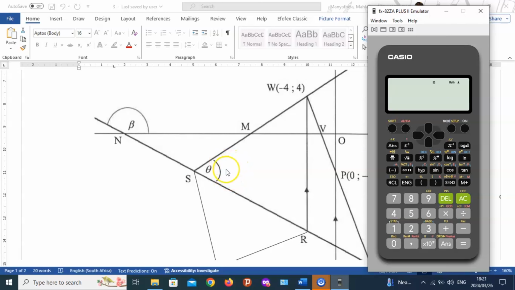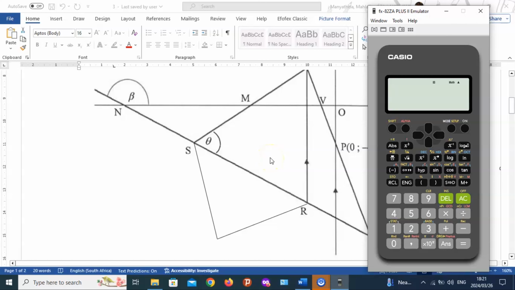So we have this side here, of which we have to find the length. The coordinates of S are -20 and -4. The coordinates of R are -4 and -52/5.